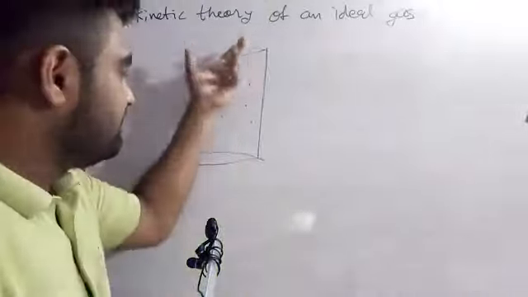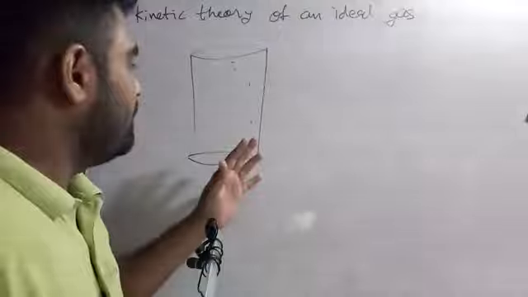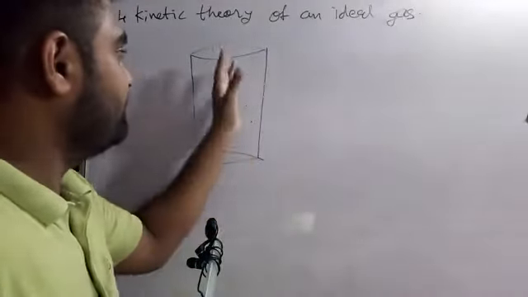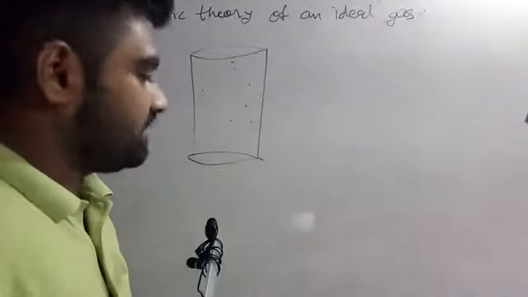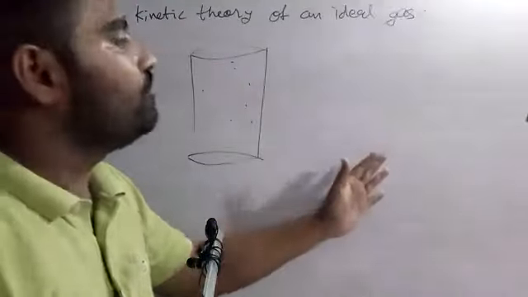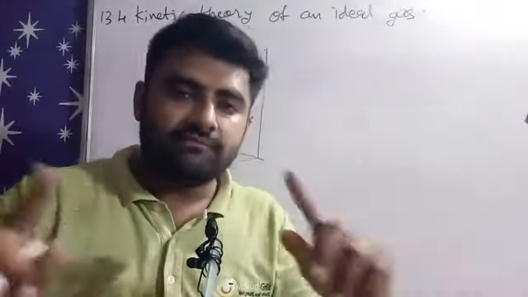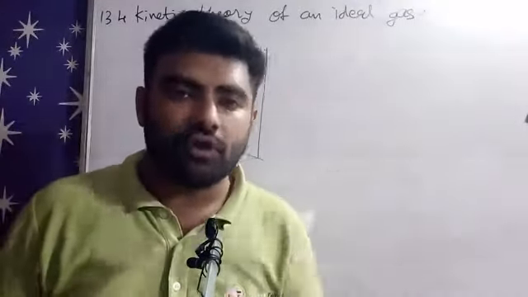That's why this container will be at rest. It is not that 50 are going in this direction and 50 in the opposite direction, but we relate this term with momentum, because right-hand side momentum is equal to left-hand side momentum. There may be differences in numbers, but the momentum remains always constant.